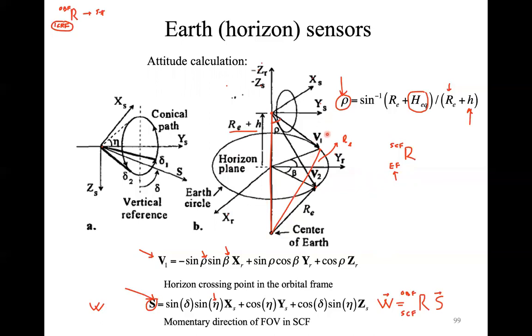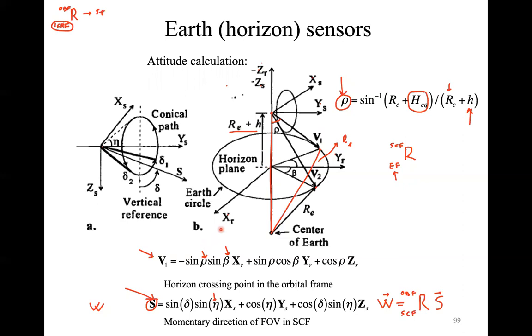And these 2 independent crossing points give you the possibility to determine the position of the spacecraft relative to the Earth's surface.